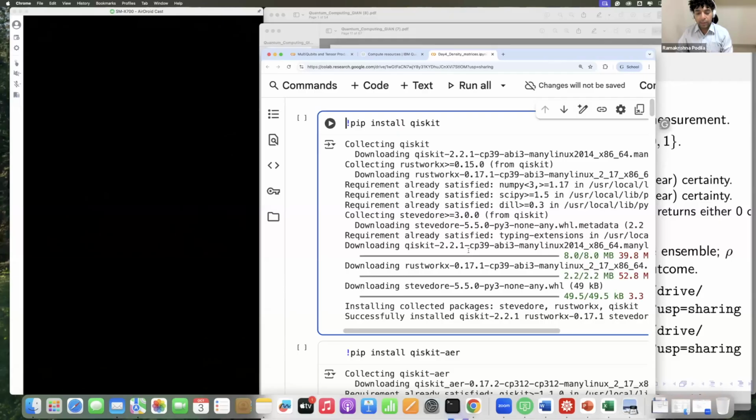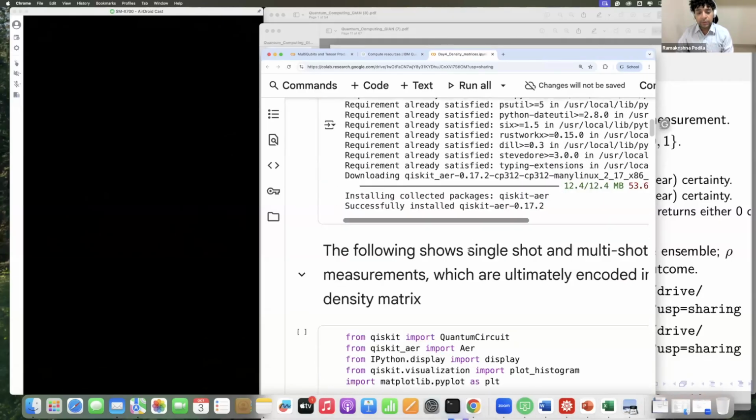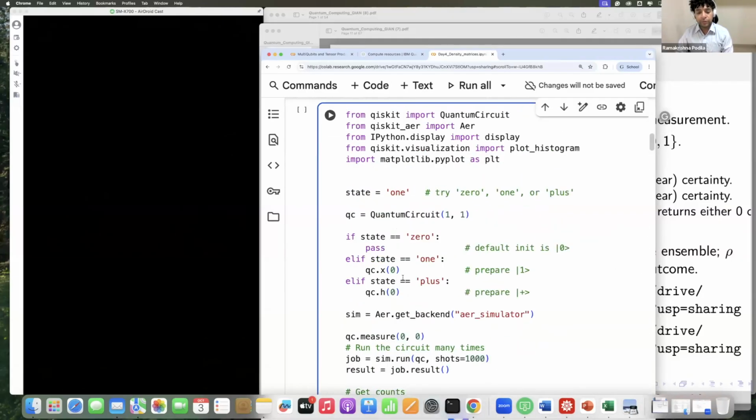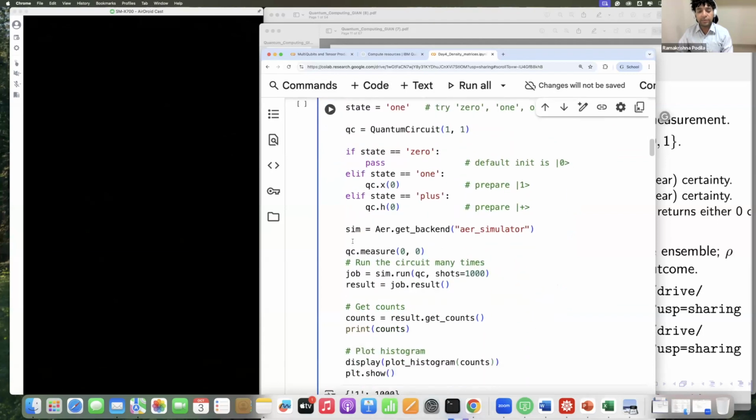Let's see. Yes, so here. You see here, Subhanshu, we have a get backend.